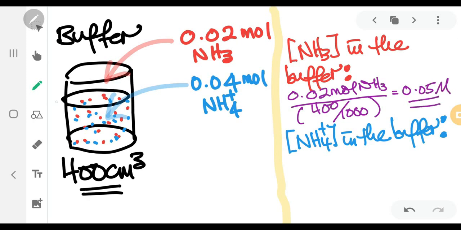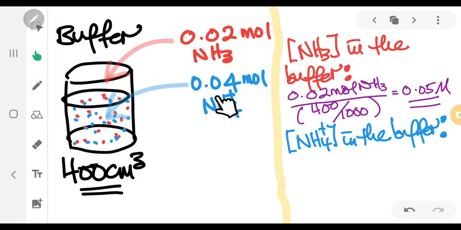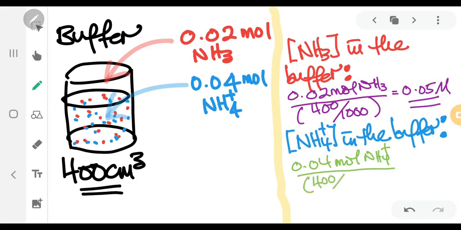And then for 0.04 mole NH4+ over 400 over 1000, we should have a value of 0.10 molar.